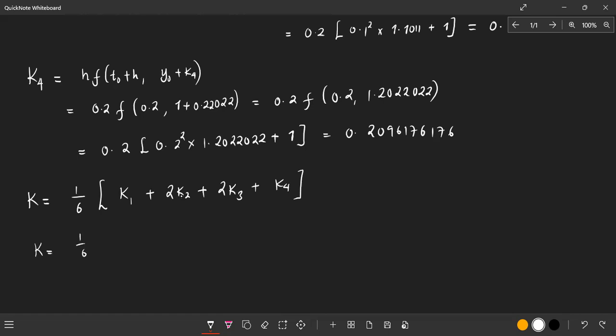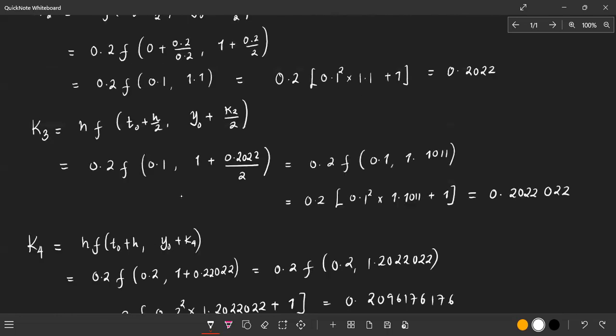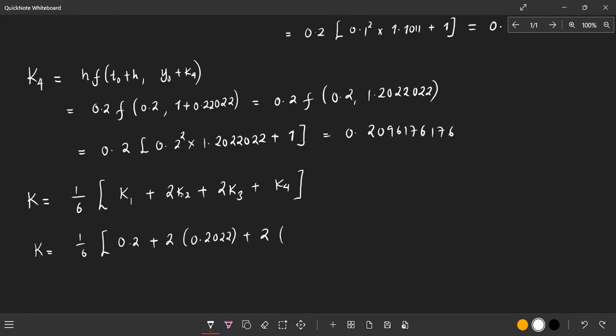So 1 over 6, our first k1 was 0.2, plus 2 times our second k2, 0.2022, plus 2 times k3, which was 0.2022022, plus k4, 0.2096176.